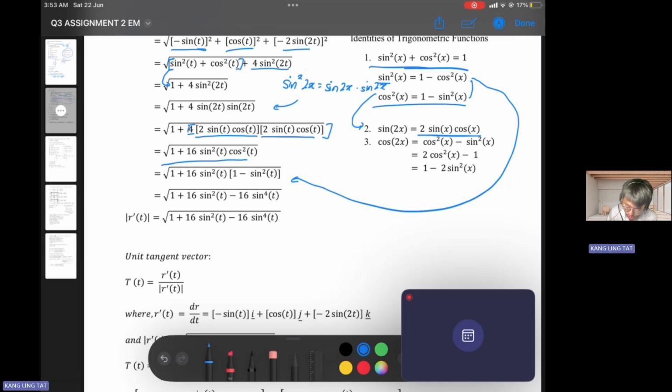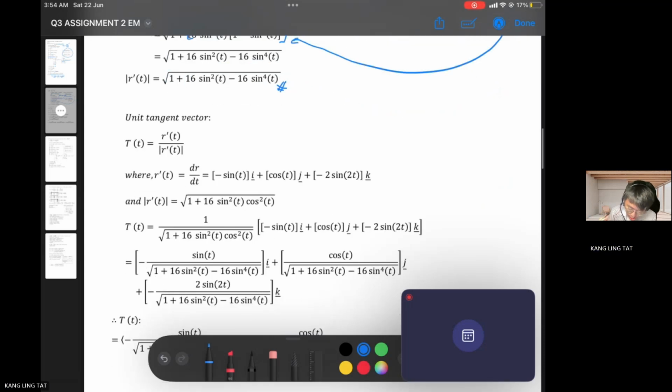With that in mind, we can write it down in terms of t, substituting it here, and then we just need to multiply this little term, and what we get in the end is 1 plus 16 sine square t minus 16 sine to the power of 4 t. So this is the magnitude of the first derivative of the vector function.